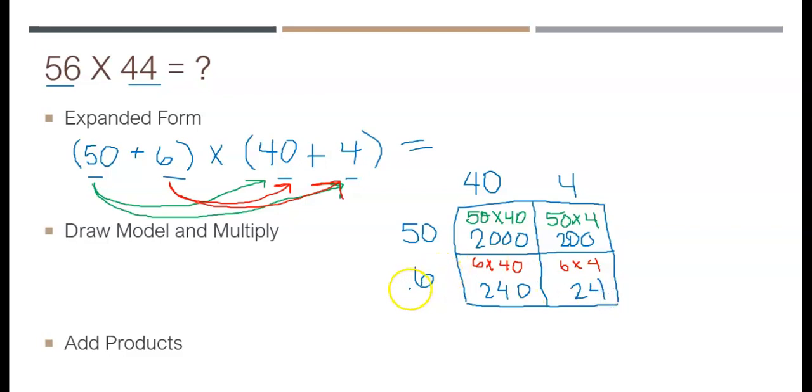Okay. Then my last step is to add the products. So I'm going to add the answers that I got, the answers in the box. So 2,000 plus 200 plus 240 plus 24.